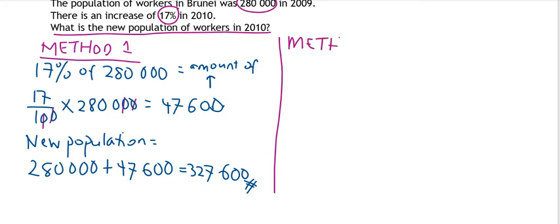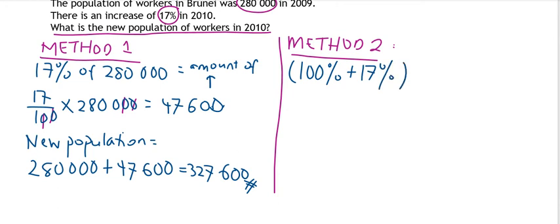Method number two is basically understanding the statement over here so that you are using the percentage instead. Now, I will inform you that this one is 100%, and then you add 17%, because there's an increase. The increase is by 17% of the original, which is 280,000, and this will straight away give you the new population. So let's see.